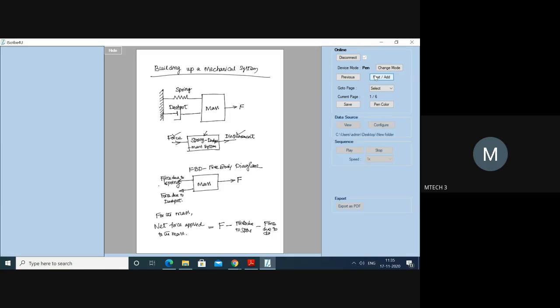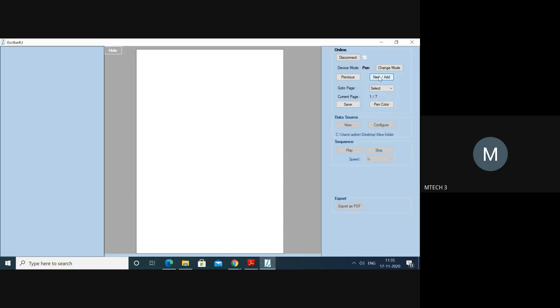Now, if we go further, the net force applied to mass M will be equal to F minus.